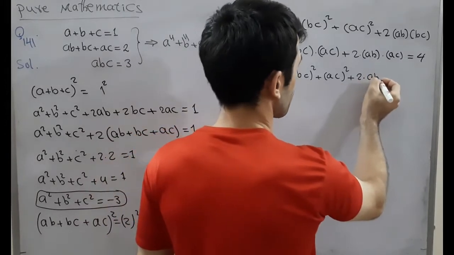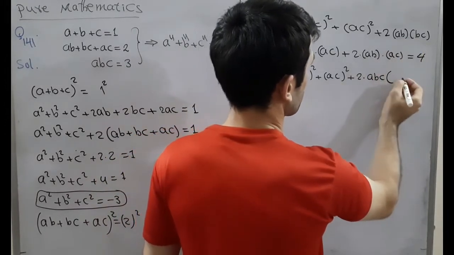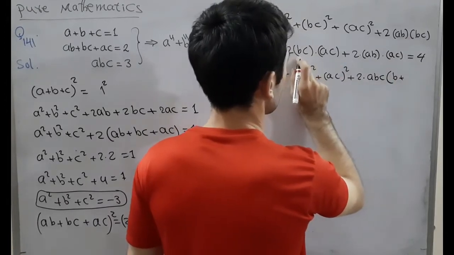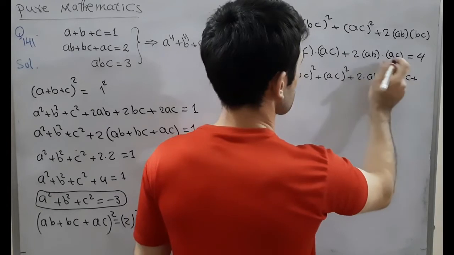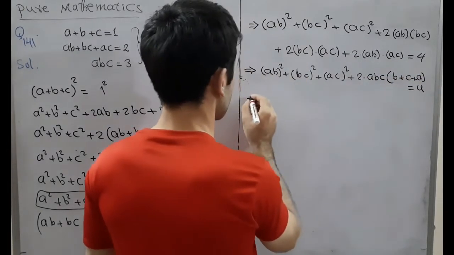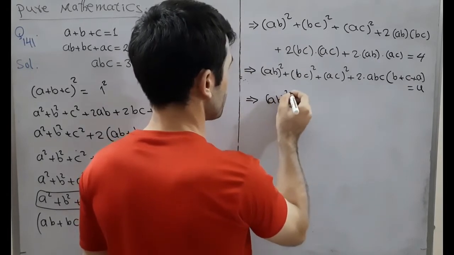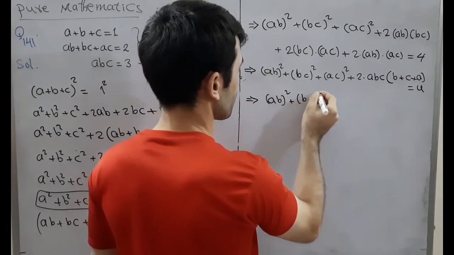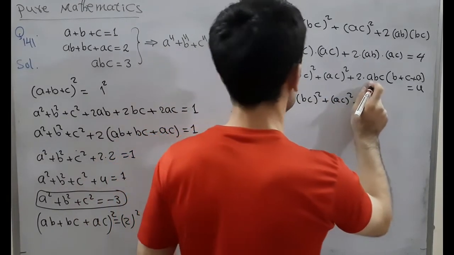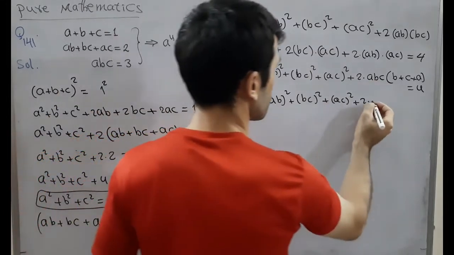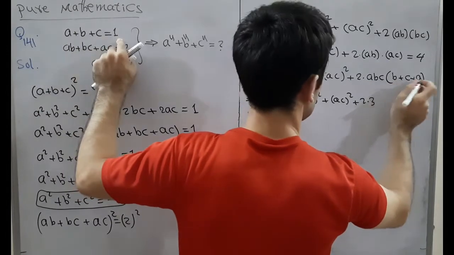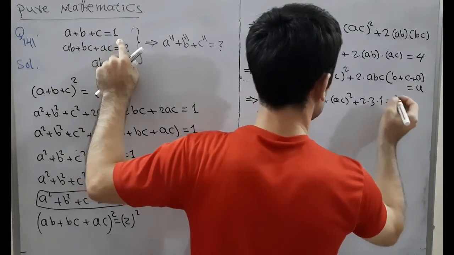We take a into b into c, then here we get b plus here we get c plus here we get a, is equal to 4. This implies (ab) whole square plus (bc) whole square plus (ac) whole square plus 2 into, instead of a into b into c, we can write 3, into, instead of a plus b plus c, we can write 1, is equal to 4.